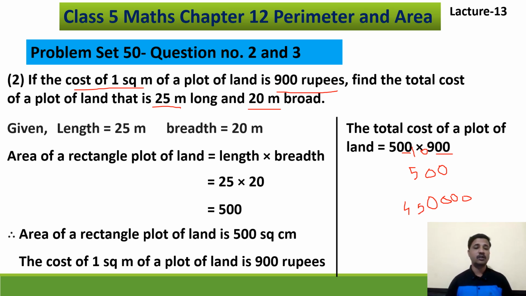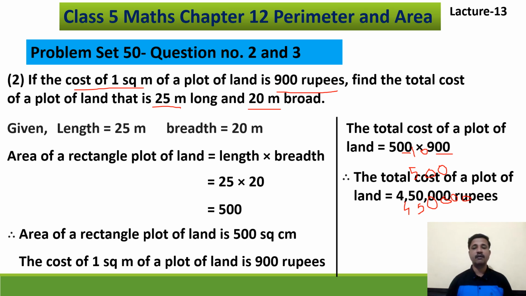So the total cost of the plot of land is 4,50,000 rupees. Right? Therefore, the total cost of the plot of land is 4,50,000 rupees. That's okay.